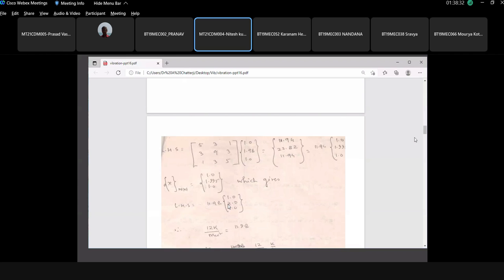We did not choose M inverse K. Suppose now I prove that M inverse K into X is equal to omega square into X. Will it not converge? The answer is it will also converge. If we start iteration, it will also converge. But if it also converges, why did we do the unnecessary K inverse M? Why not M inverse K?